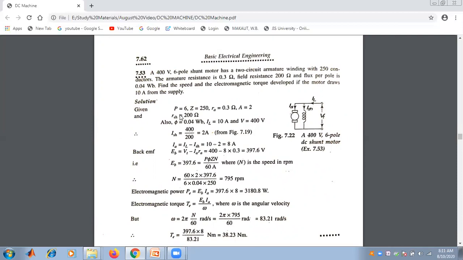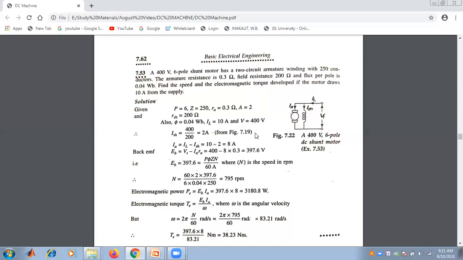So P equal to 6, Z equal to 250, armature resistance 0.3 ohm, and A equal to 2 because it is given that the motor has a two circuit armature winding.